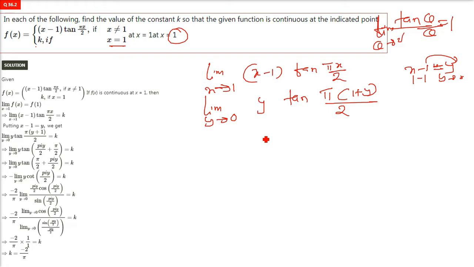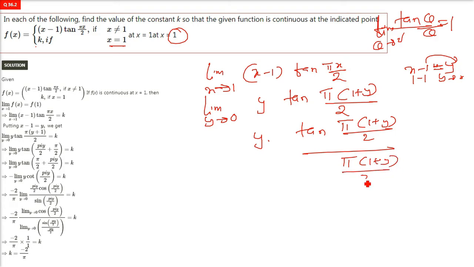So we have y, and this is tan of pi times (1 plus y) by 2. Now divide the denominator by (1 plus y) into pi by 2 and multiply by (1 plus y) into pi by 2. That is, you have to include that also. Now why have we done this?